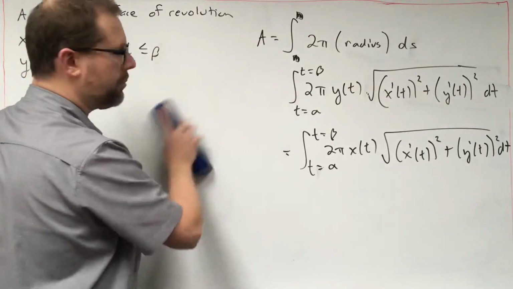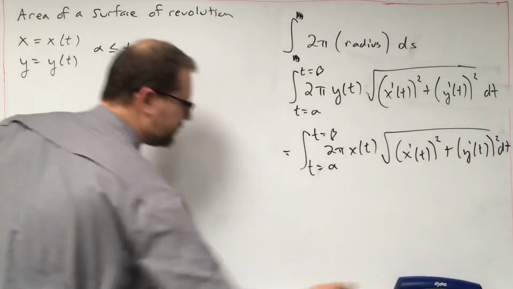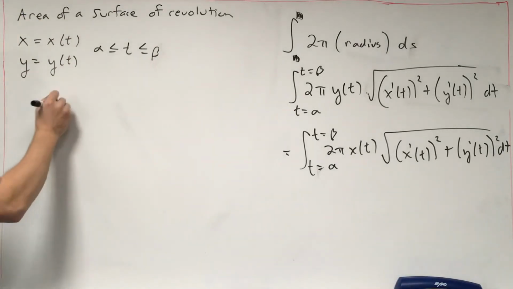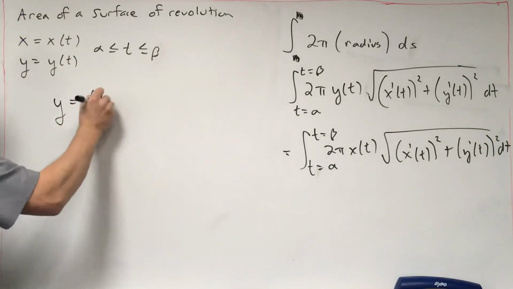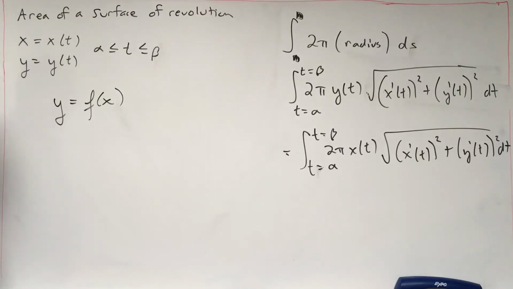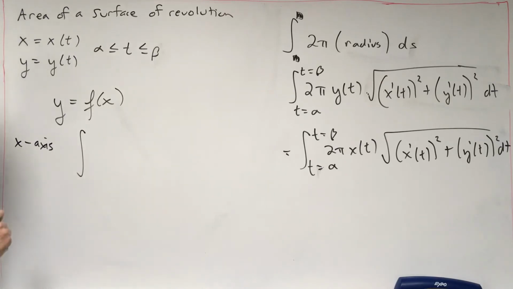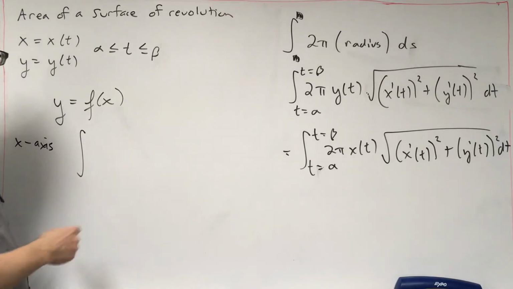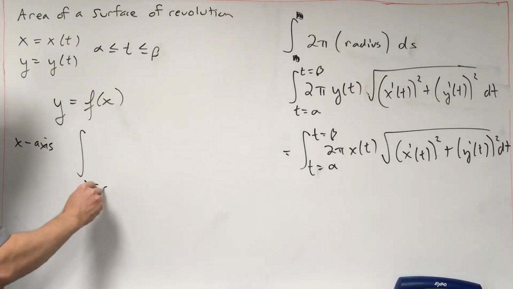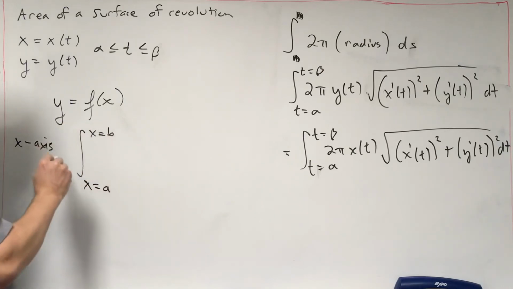In reference to the previous video, I want to consider what happens when y is given as f of x. No t, no parametric. So what are we going to do there? If we're going to go about the x-axis, we're going to evaluate, let's say, between some x values, like x equal a and x equal b.